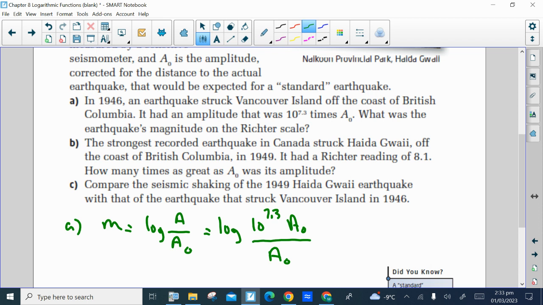The original formula has a denominator of A sub 0, so those two would cancel. And we would have the log of 10 to the power 7.3.